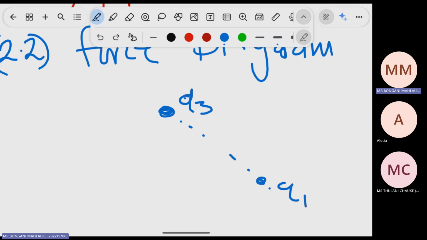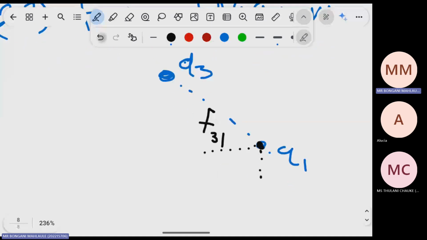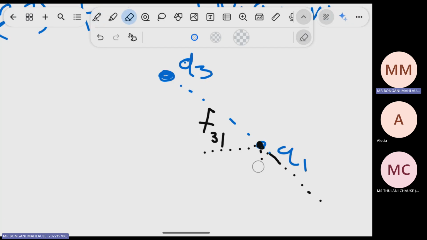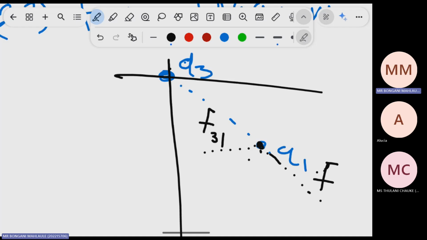Here we've got F31. So now we can draw the components. No, this one will be pushed downwards. So here we're going to have what? This one will be our Y. Which one will be our Y? Remember this, so this is like this. No?